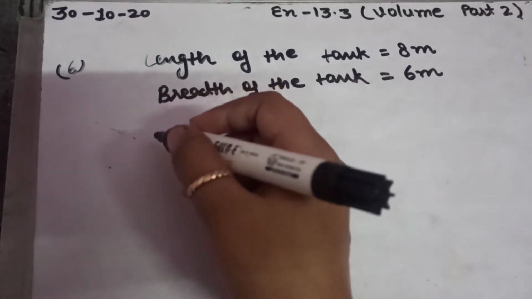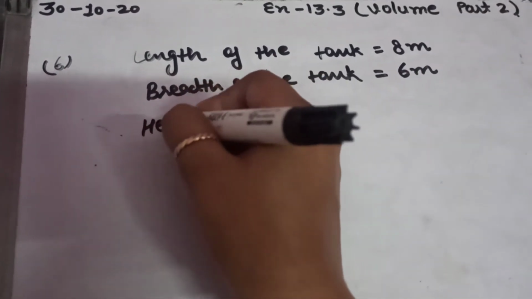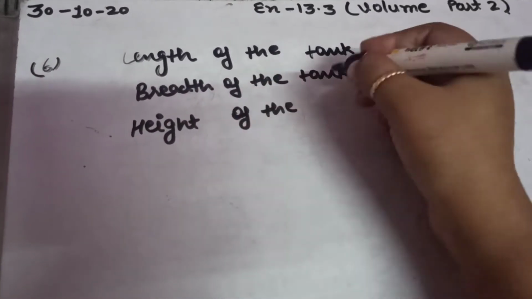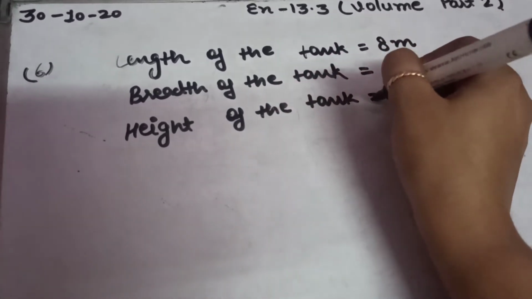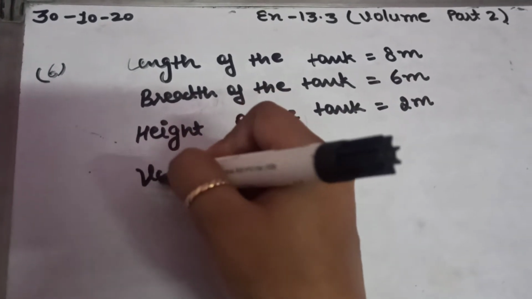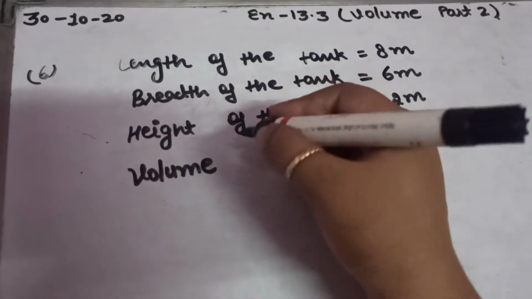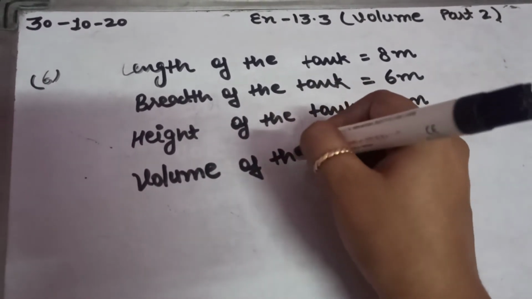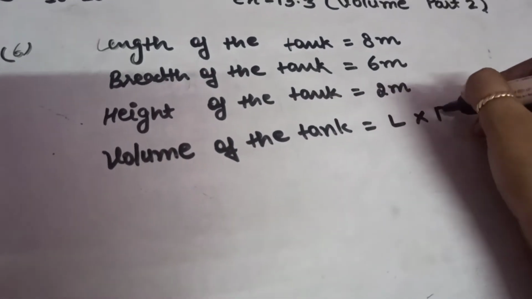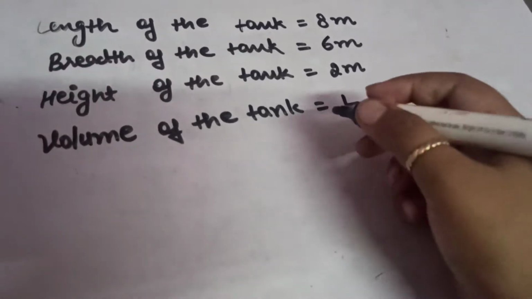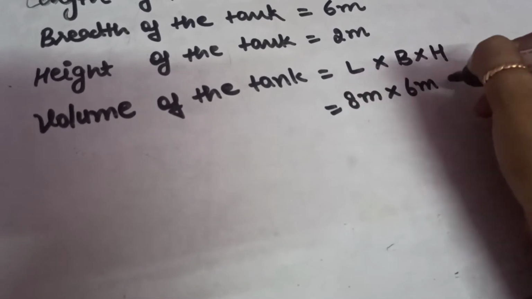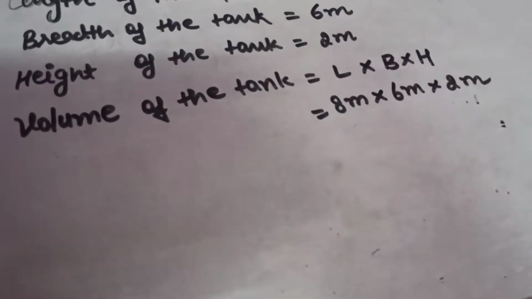Then deep, here deep means height of the tank, right? Meter. So firstly what we will find? We will find the volume of the tank. Volume of the tank equals to length multiply breadth multiply height. Put the values. 8 meter multiply 6 meter multiply 2 meter.